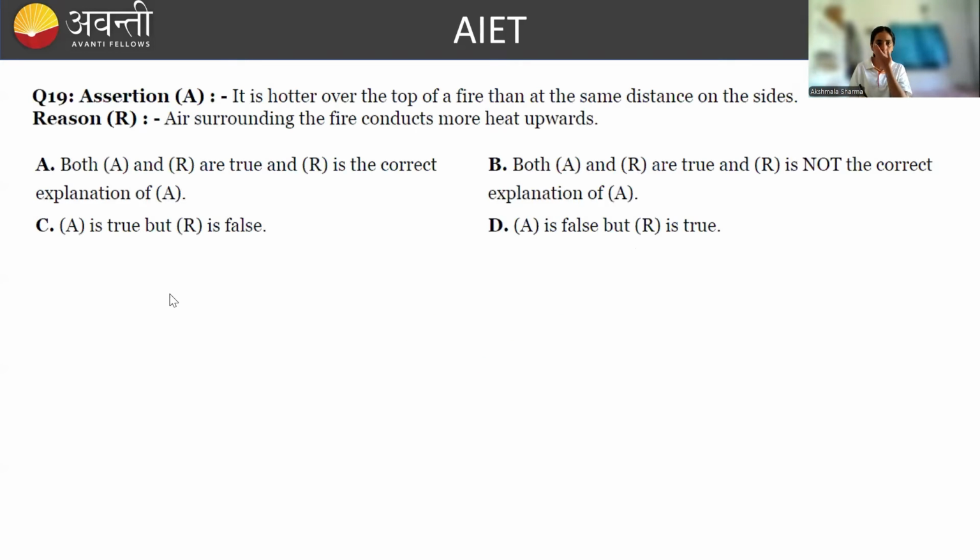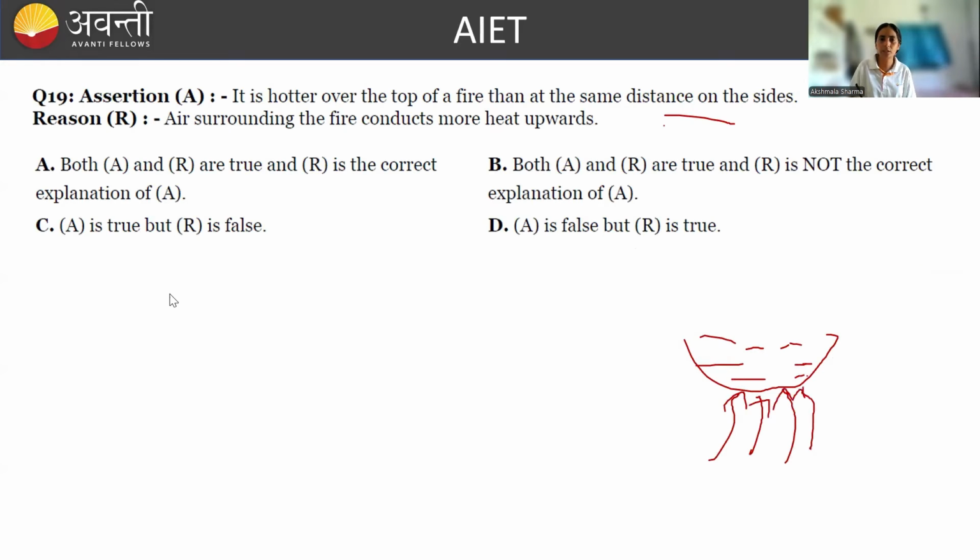Now, it is hotter over the top of a fire than at the same distance on the sides. So there is some water, suppose you are boiling it, and you observe that air here is hotter than air here. Why so?